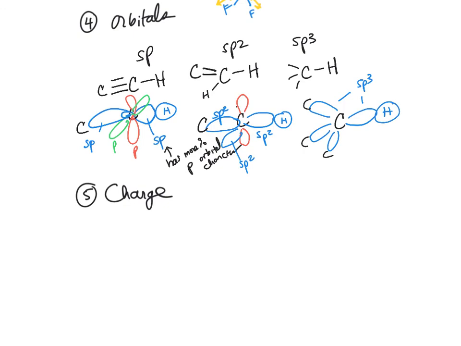And these are the longest orbitals, which means that the negative charge is least stabilized. It's least stabilized when the atom is deprotonated. So we have the sp hybridized system is more acidic than the sp2, which is more acidic than the sp3.